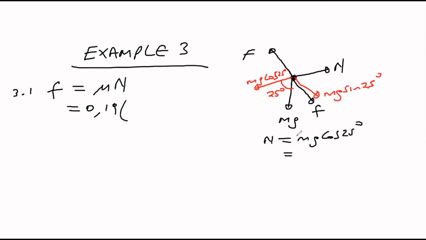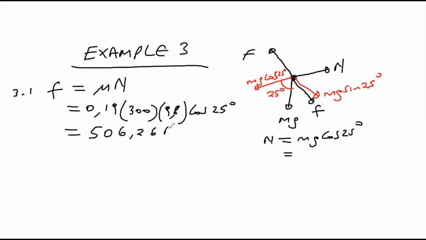Then you can substitute the mass is 300, g is 9.8, then cos of 25. Okay, let's calculate the product to get friction of 506.26 newtons.